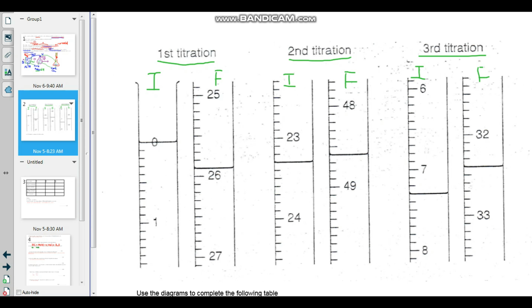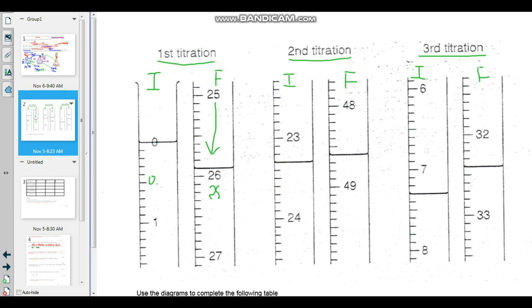So here we note that the reading is 0 cubic centimeters. When you open the tap of the burette, the solution runs downwards. Therefore, when we read the scale, we read it downwards so that we follow the movement of the solution.